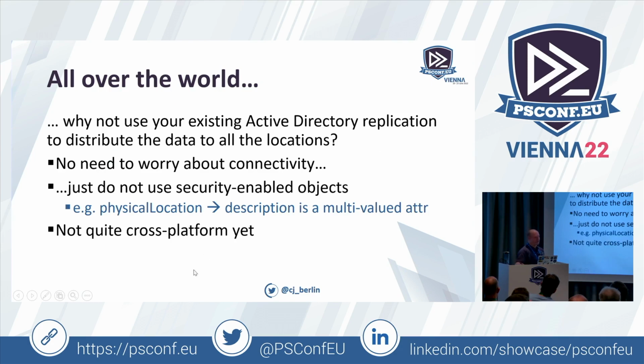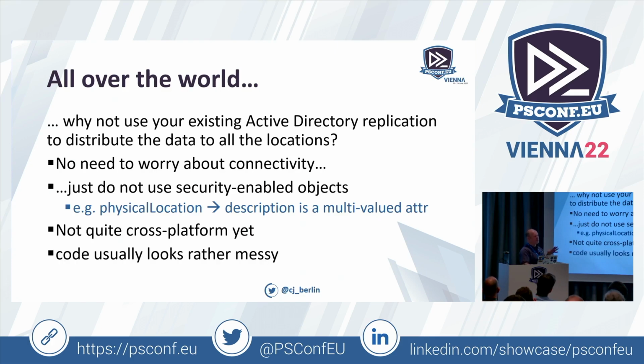You can connect to your local domain controller on site, and then that guy will take care of replicating that to all the other places. Just don't use security-enabled objects for that, guys, because you, of course, have to grant access to those objects to your script. But there are plenty of objects and properties that fit the bill. Physical location type has a description property attribute that is multi-valued, so you can use that. I've got demo code for that as well.